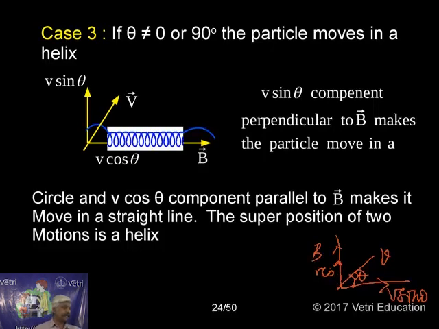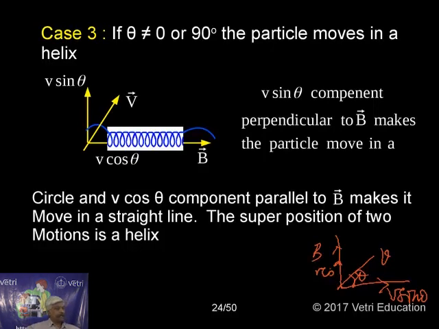V sin theta is perpendicular to B. When perpendicular to B, theta is 90 degrees. 90 means maximum value. Therefore circular. V cos theta component is parallel. Parallel means theta 0 or anti-parallel. The value F becomes 0.